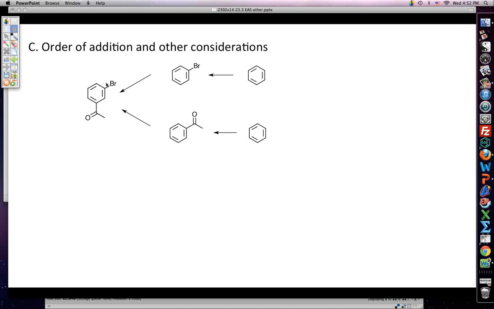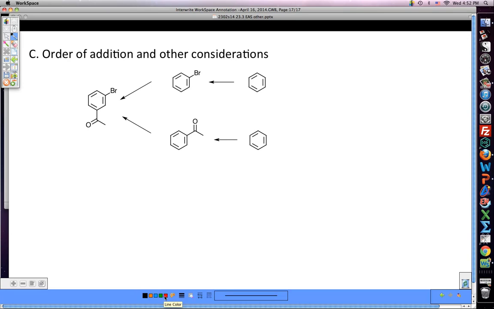I can put the bromine group on last, this pathway, or I can put the ketone group on last, this pathway. So you got to think about the order of addition now, because sometimes only one will work. For example, if I start with benzene and brominate it, no problem there, but now my benzene is an ortho-para director.